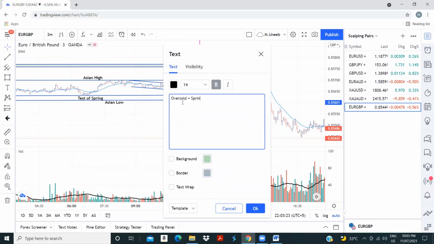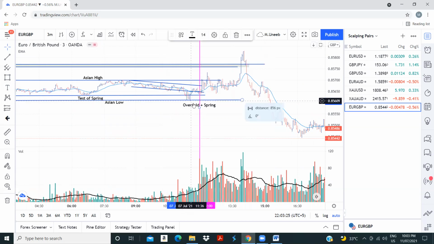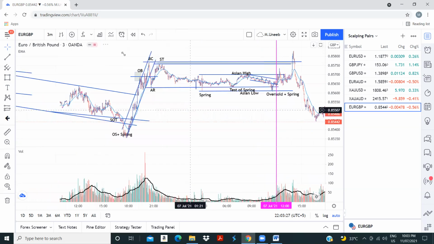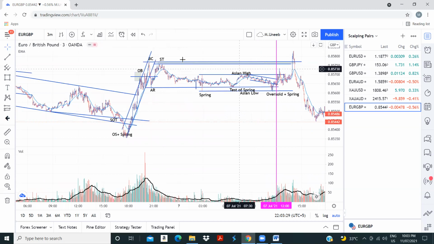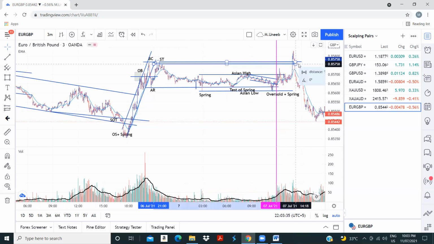Although we have a major sign of weakness in the background, it means we cannot hold more than this. We must exit our position on this point if we are taking the trade on London Open. Do you understand? Because we have a sign of weakness in the background. We have OB, blind climax, secondary test.